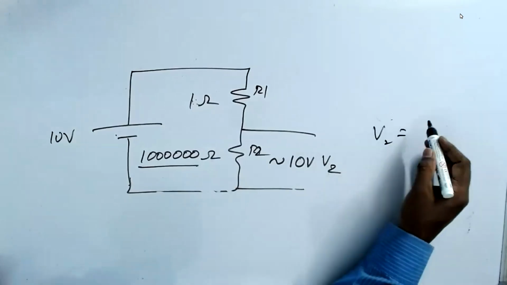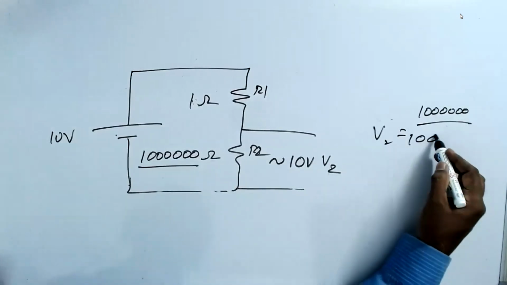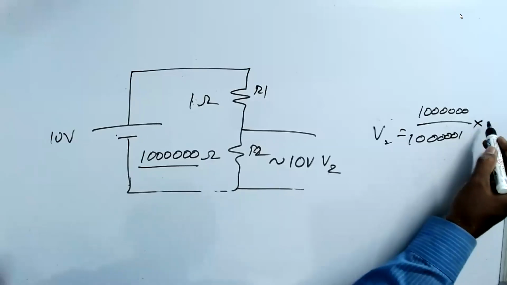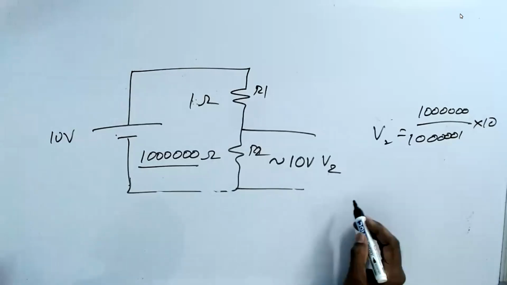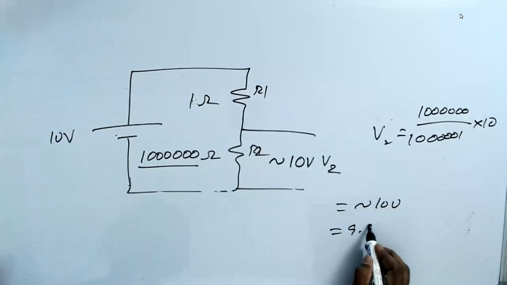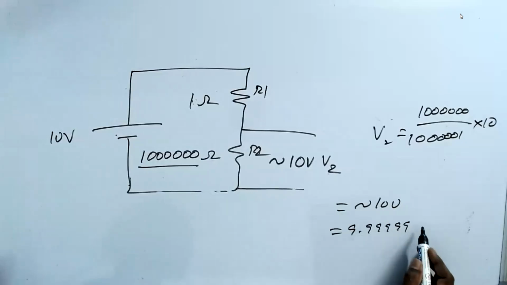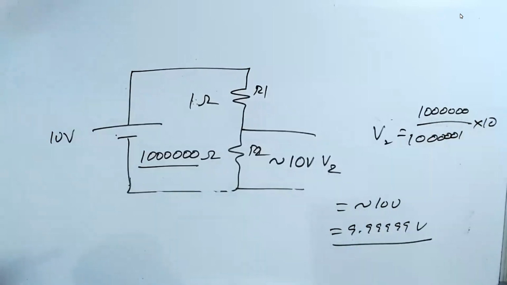V2 is equal to 1 million divided by 1 million 1 into 10 volts. You can say this is approximately 10 volt or 9.999999 volt. There will be more nines because it is 1 million by 1 million 1. So understand this. This has to be very clearly understood.